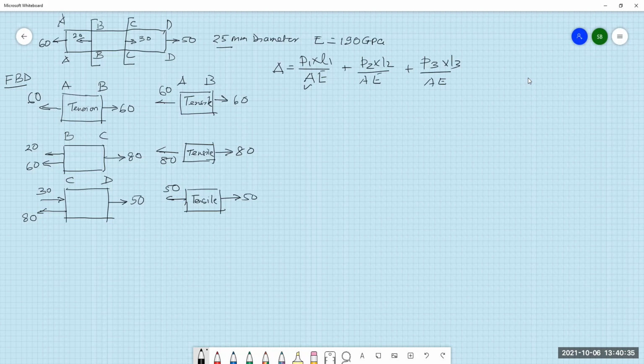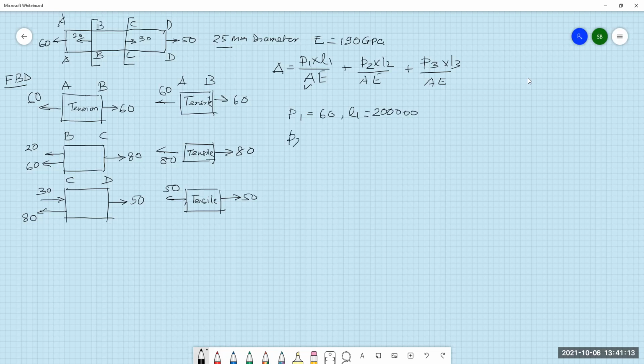Here P1 is 60, and L1 from the problem is given as 2 meter, or 200 centimeter. What they have done is all in millimeter. So L1 is 2 into 10 to the power 3 millimeter.